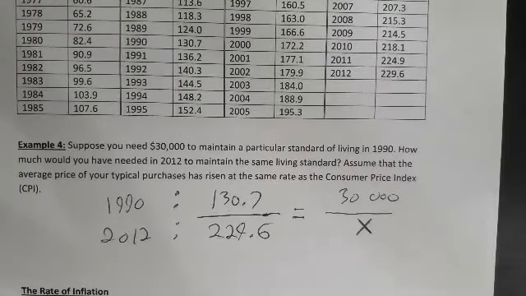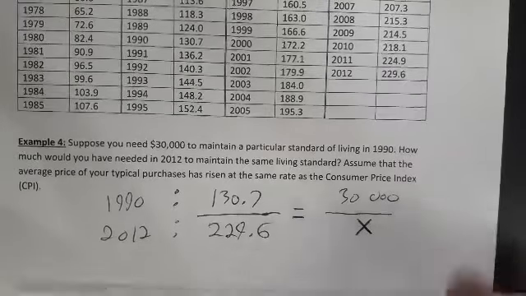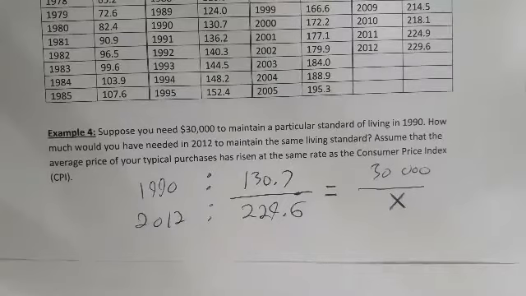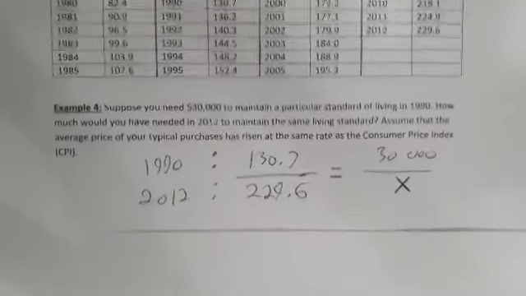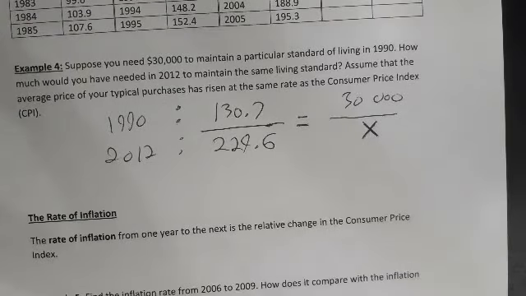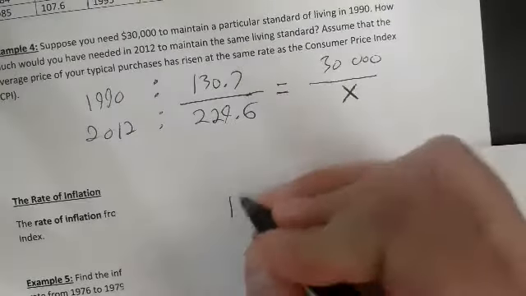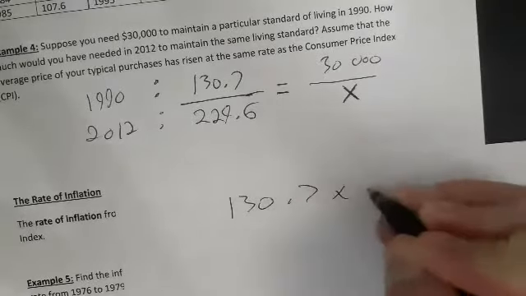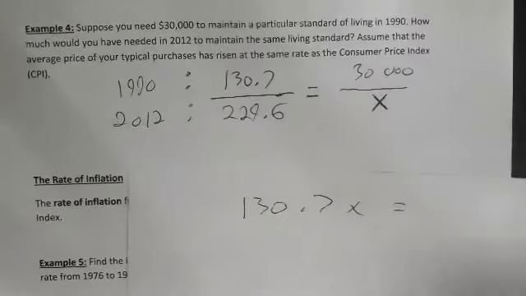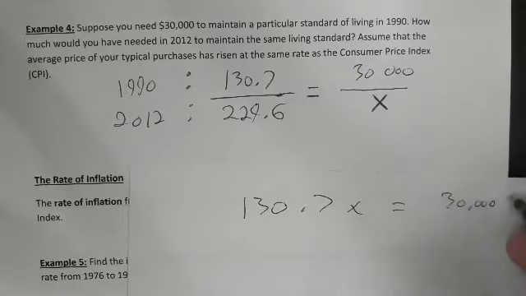If you set this up like similar triangles from year to year, you should be able to get this. So this is 130.7x equal to 30,000 times 229.6.